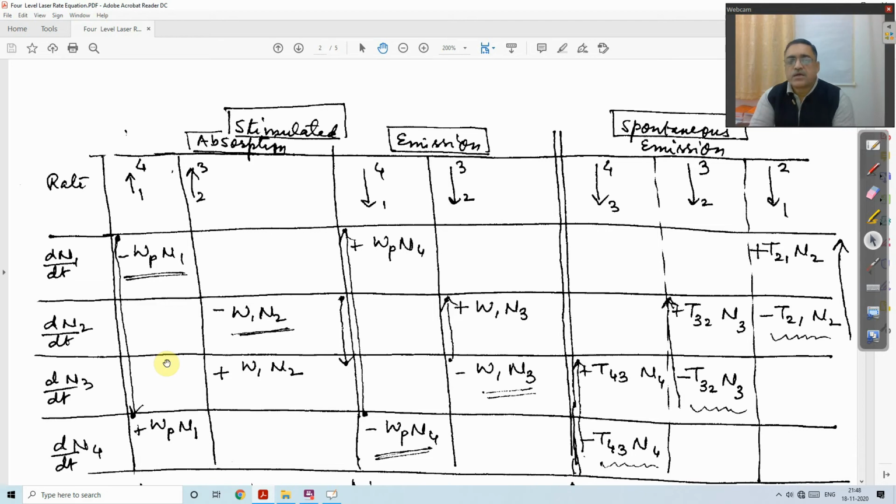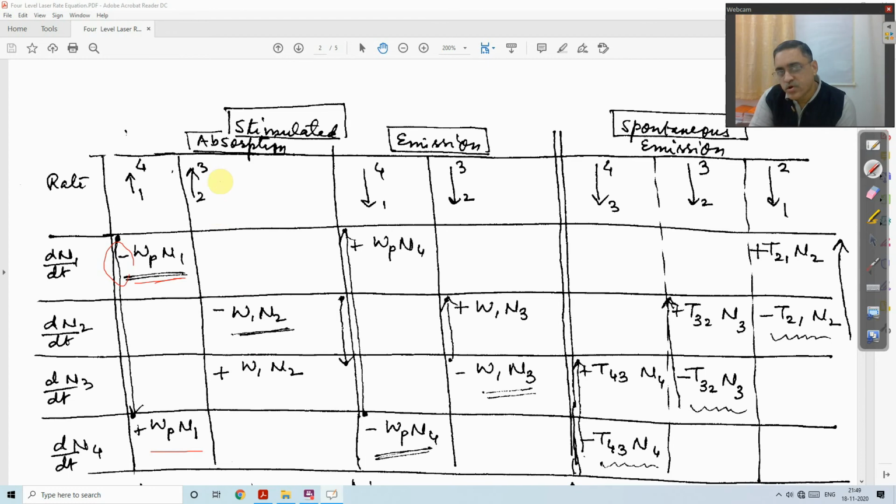Let us try. First of all, the atoms are lifted from 1 to 4. So, it depletes the ground level. You see, minus sign is there, minus WpN1, it depletes, and a debiting is going on, and that credits to the fourth level.